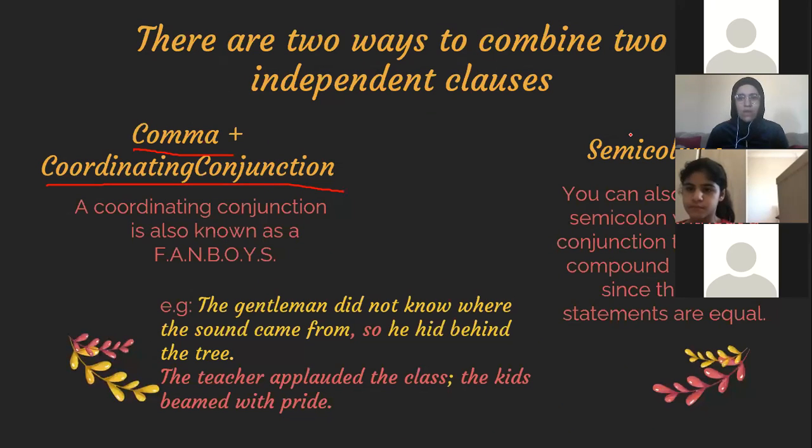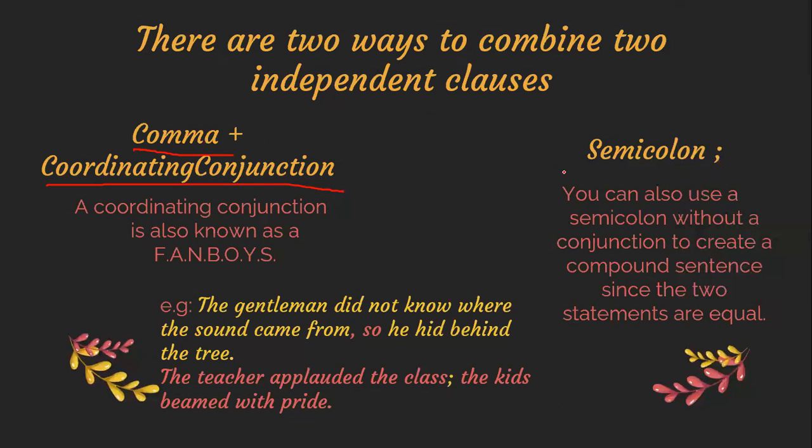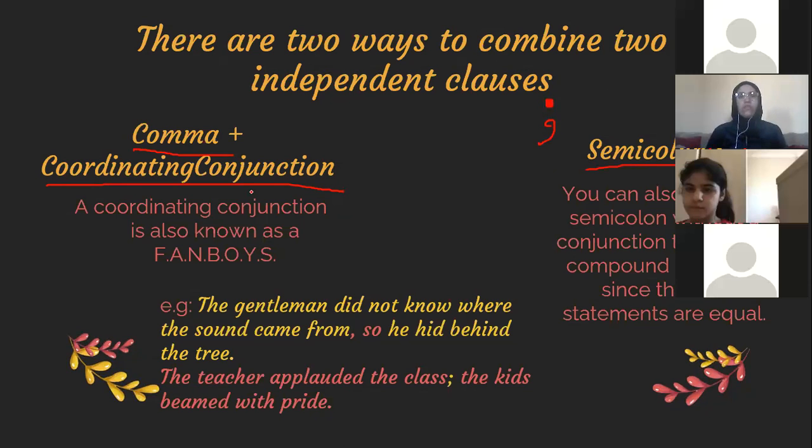The second way is we use a semicolon. This is the semicolon. I explained it yesterday. It's a comma with a period over it. So the first way is using a comma with a coordinating conjunction, and the second way is using only a semicolon.